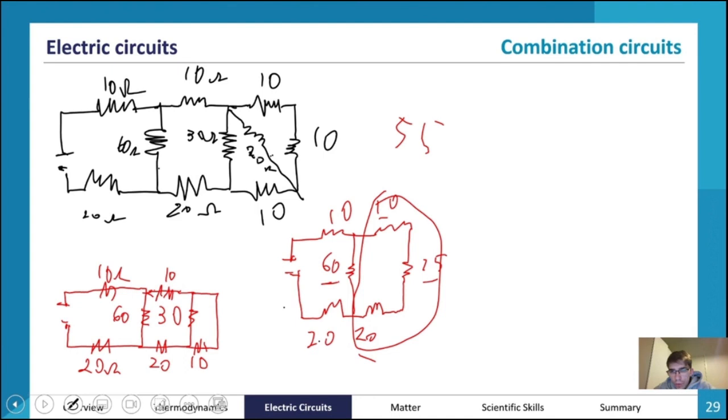The answer is not 100. 15 on 2. The answer is 28.7. Oh, yes, yes. Yep, the answer is 28.7.